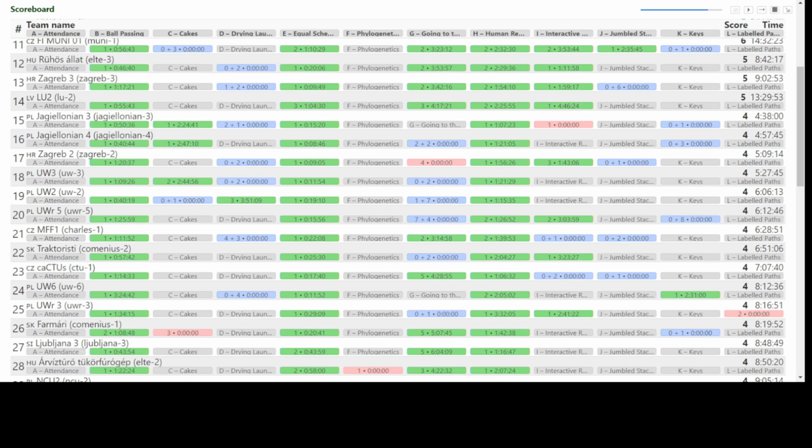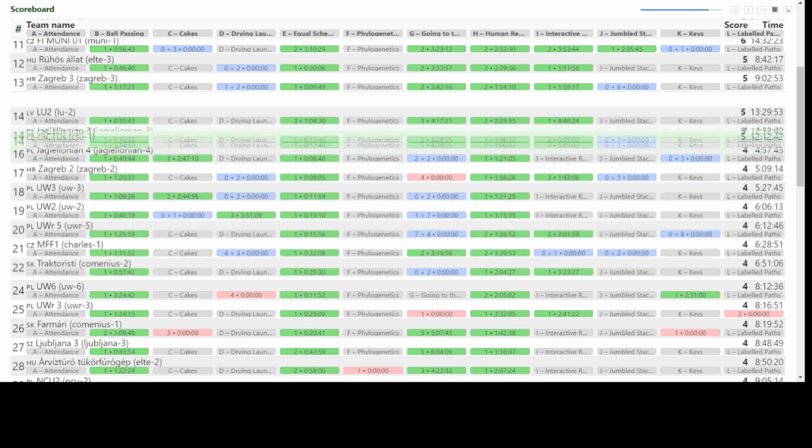Then we have key K. Nope. We have 1 attempt at problem G. Okay, 4 attempts at problem D. We have 2 attempts at problem I from Cactus. Well done.